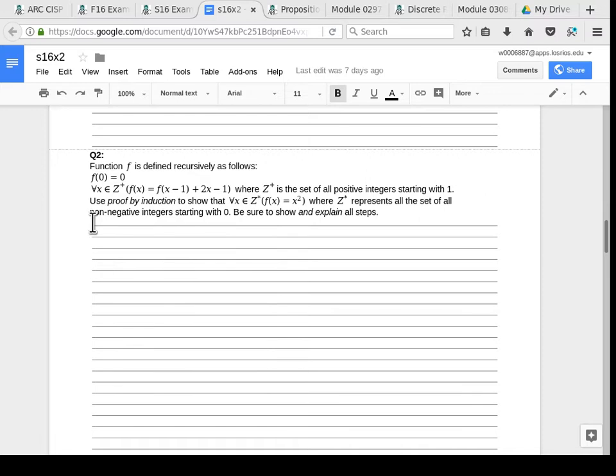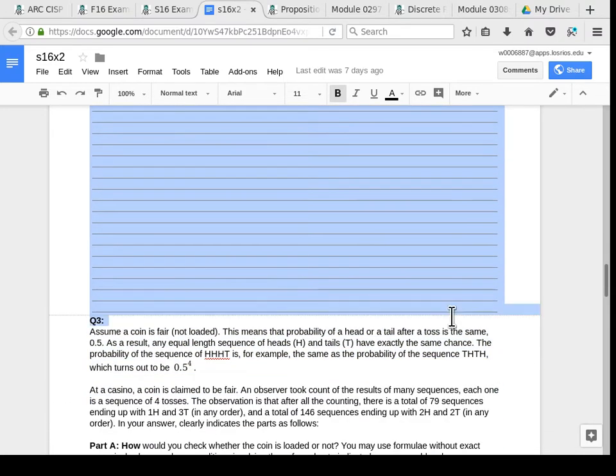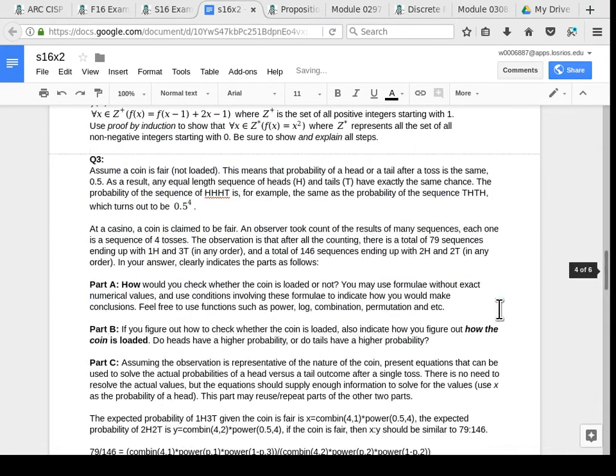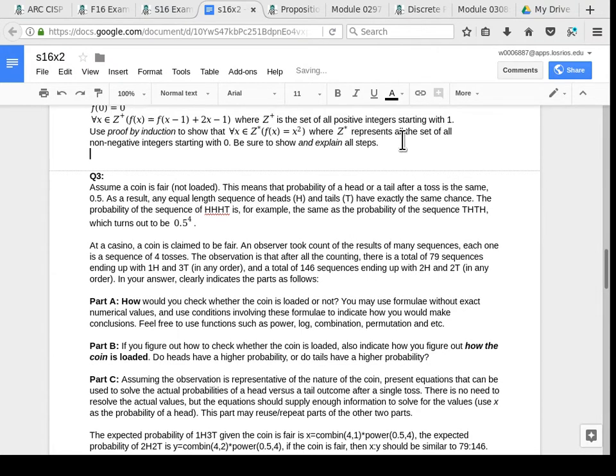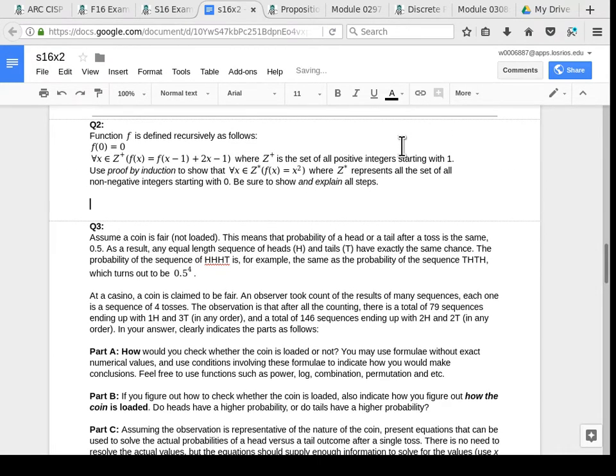So in terms of structure, it is kind of the same as the other one. I'm going to go ahead and remove all these rules here or lines, just to help you write your proof without writing in a slanted way. Okay, so in this case, same as the last one, we have to identify our base case.